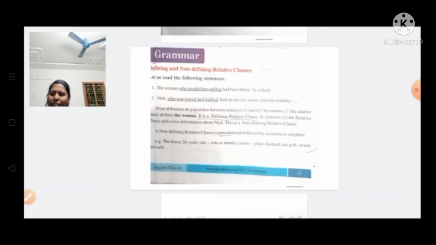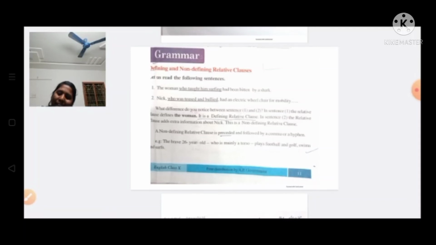What difference do you notice between sentences 1 and 2? In sentence 1, the relative clause defines the woman. It is a defining relative clause.